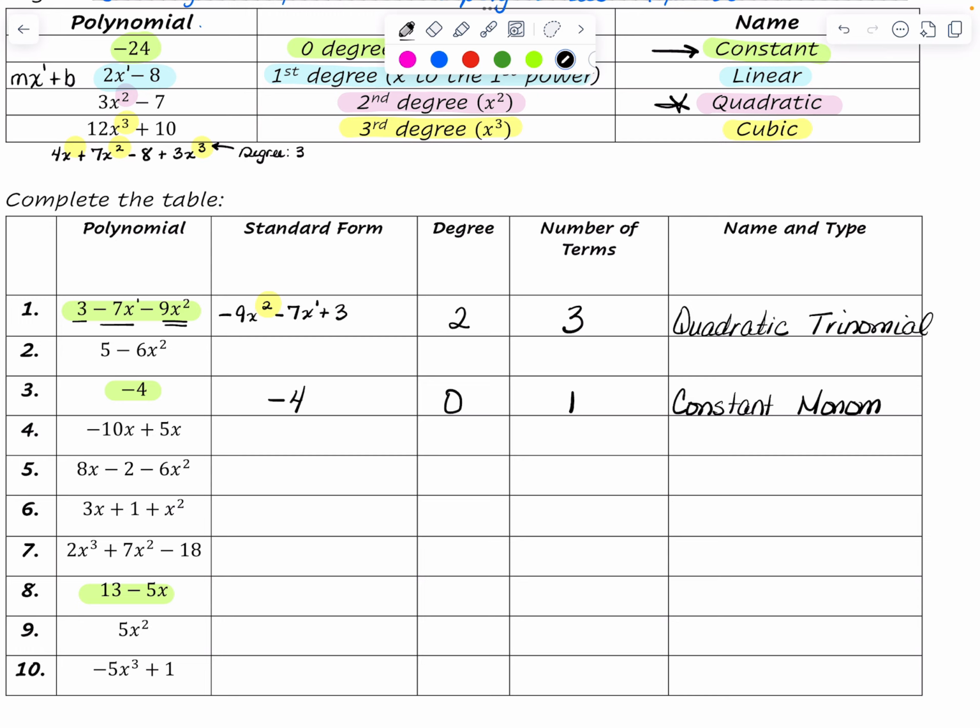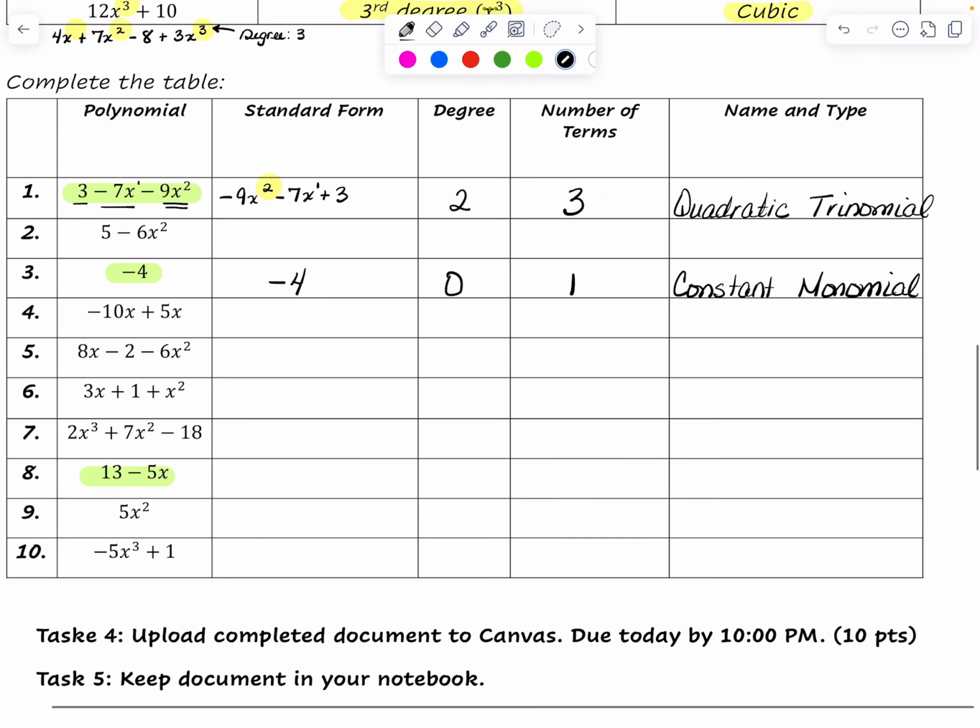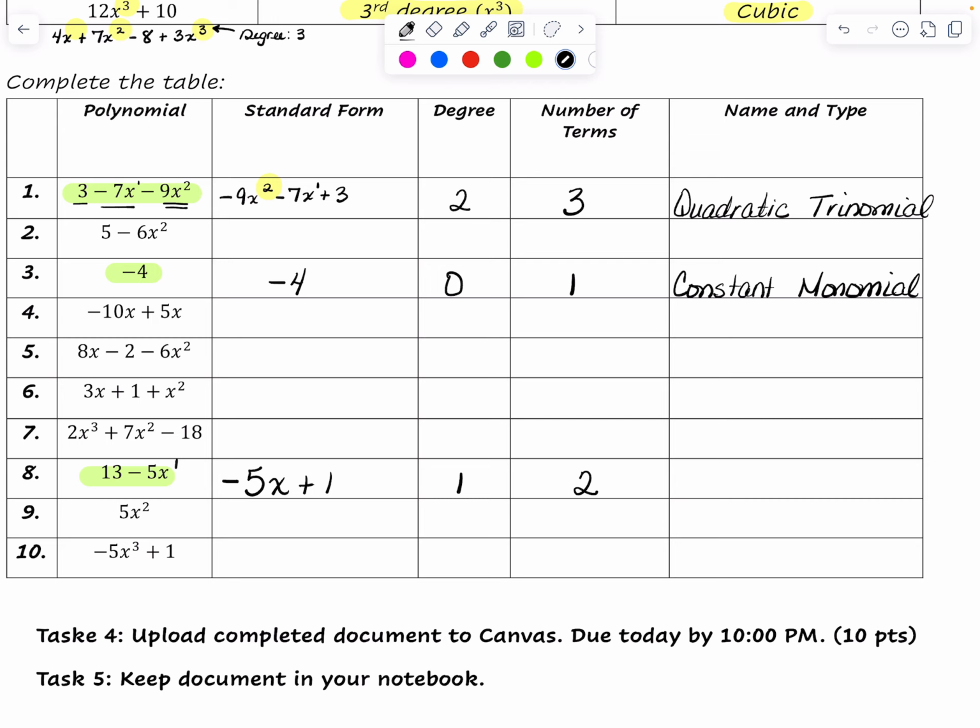Okay, let's look at another example. On this next example, I have 13 minus 5x. Well, there are only 2 terms on this one. The largest exponent is 1, so my degree is 1. If I want to write this in standard form, put the one with the highest exponent first. So there's negative 5x to the first plus 13. Okay.